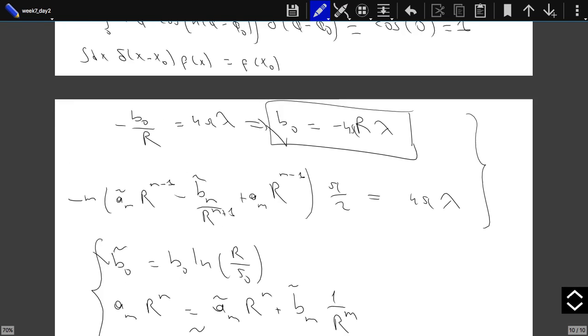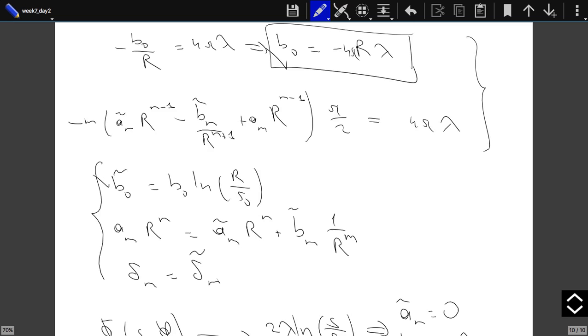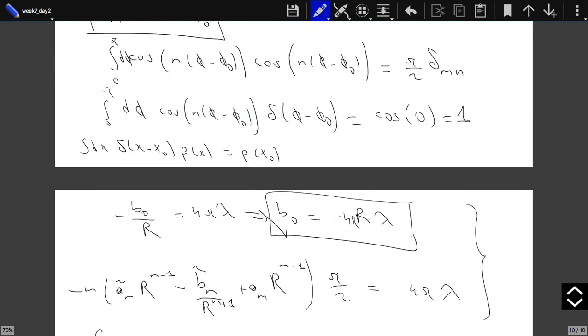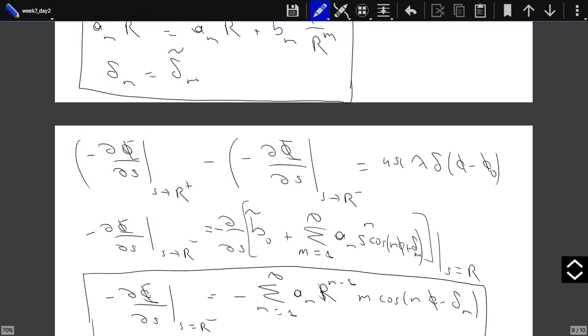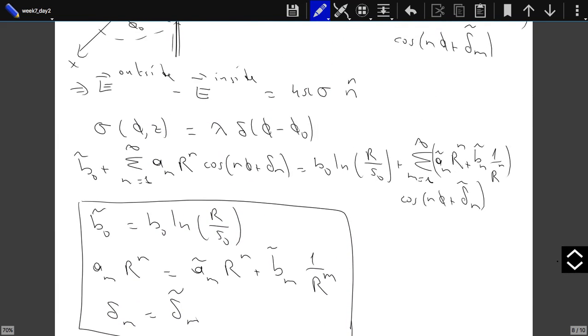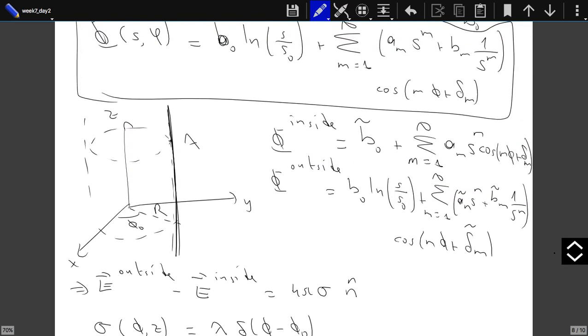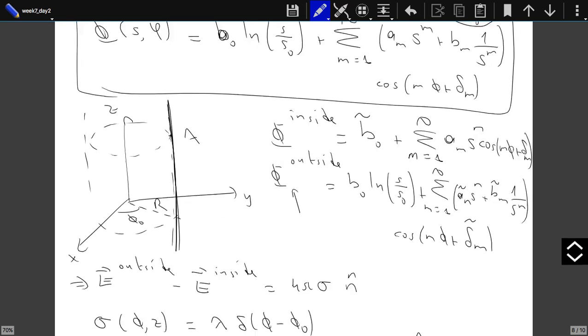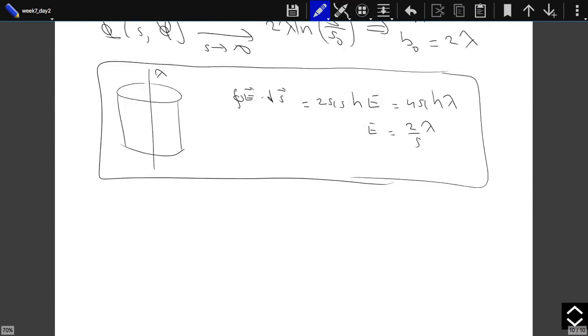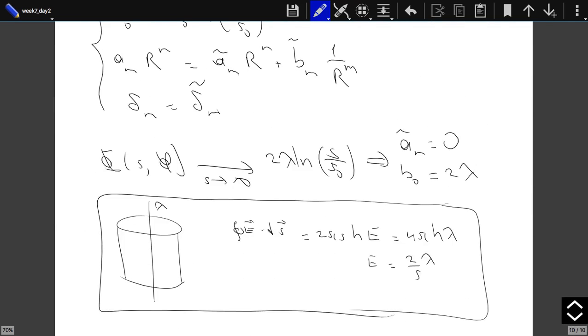Well, I probably made a mistake somewhere else in the derivation. You see, we are in the outside region. We know what it looks like at infinity. Or maybe I should say that this is s0 tilde. So in that case, b0 is 2 lambda logarithm of s0 over s0 tilde or something like this.